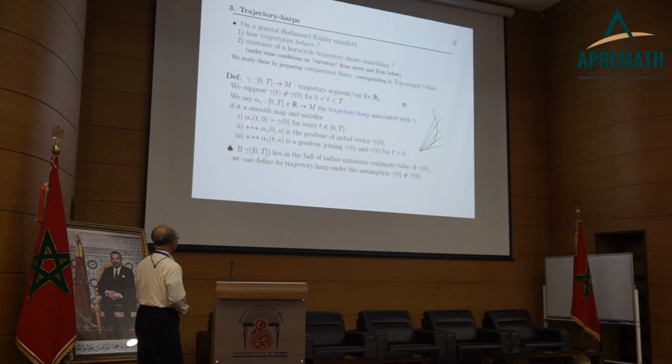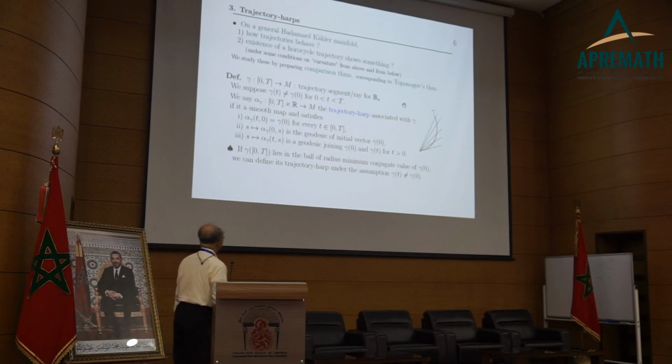Every geodesic starts at the origin of the trajectory; when t equals 0, the geodesic is a tangent line, and for positive t, the geodesic joins the origin and the point gamma t.